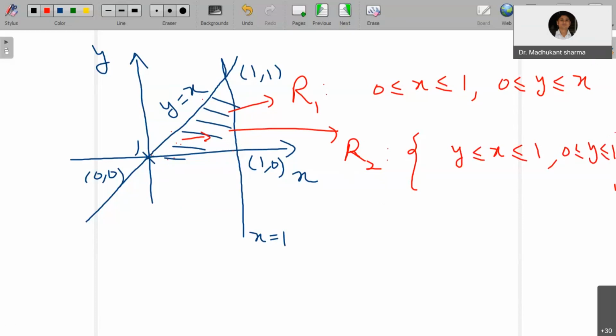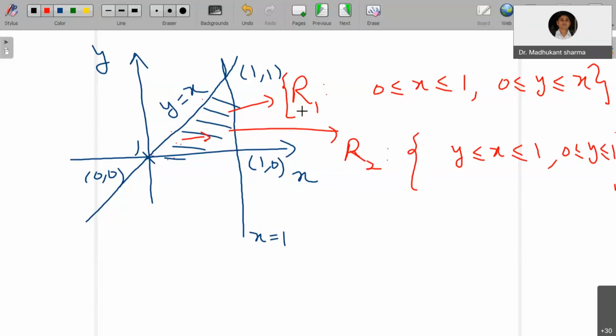Do you have any doubt in it? If you have any doubt, ask me right away. Both will define the same region. It is very important to get the right limit values. Everything else is very simple. At the first stage itself, you must be able to get the correct limit values.